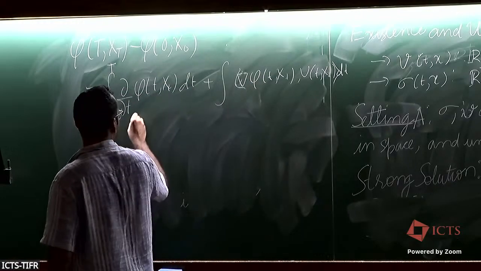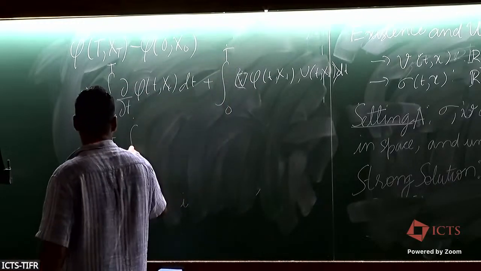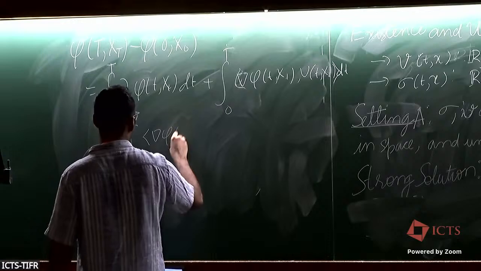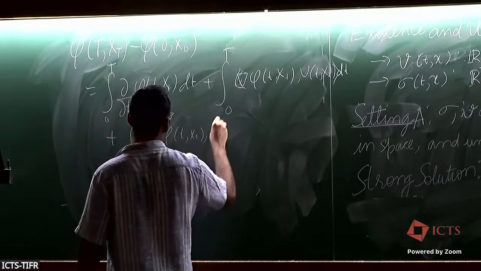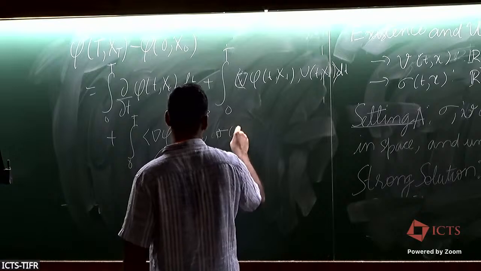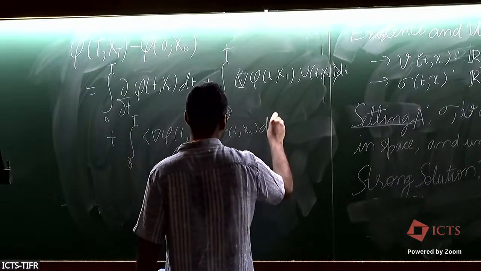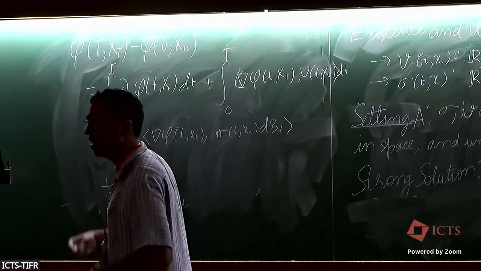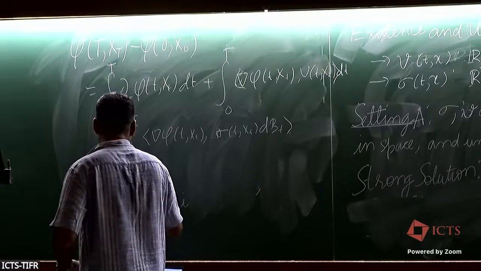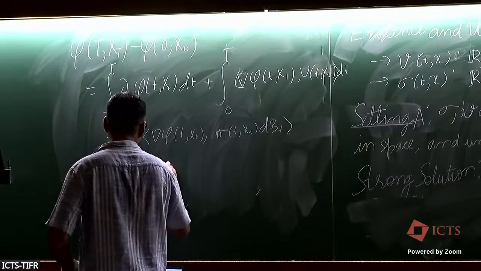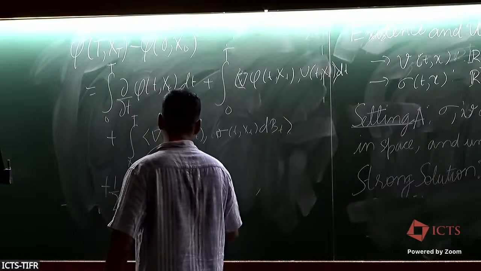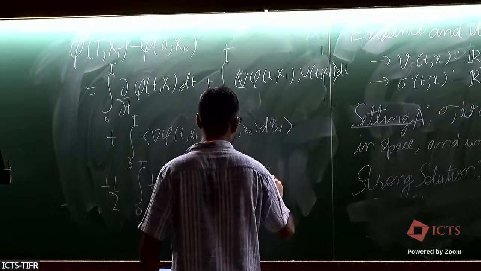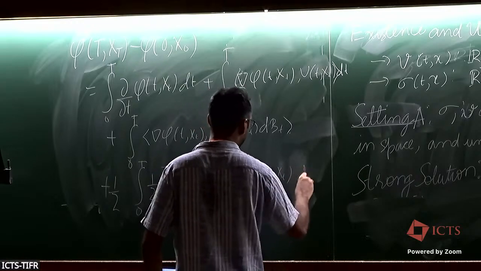There is a third term, which is the integral from 0 to T of grad phi(t, x_t) with sigma(t, x_t) dB_t. And the fourth term, which is a second order term that shows up because of finite quadratic variation, is the integral from 0 to T of half trace of sigma transpose Hessian phi(t, x_t) sigma times dt.